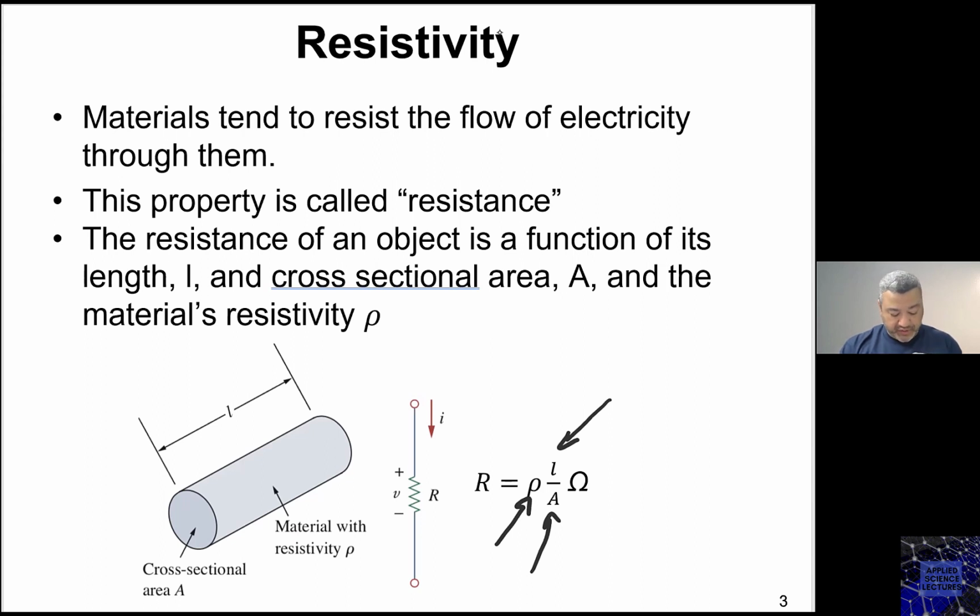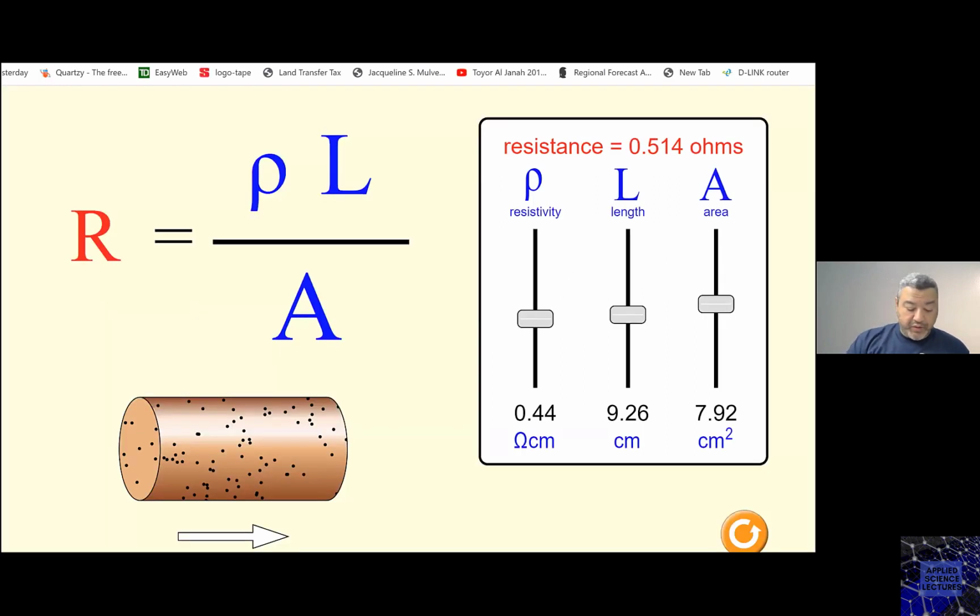So just to give you an idea about that, if we go to the same website that we talked about last lecture from Colorado University, you can find this interesting application that puts the resistance with the resistivity and the dimensions of the structure to show you what is the effect.